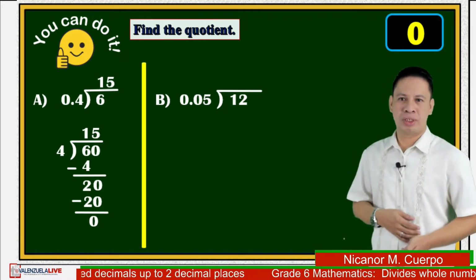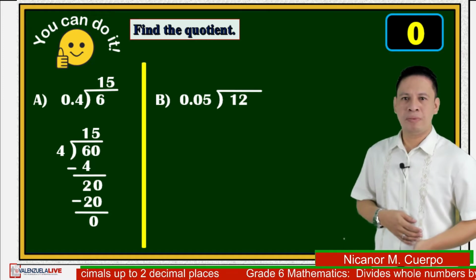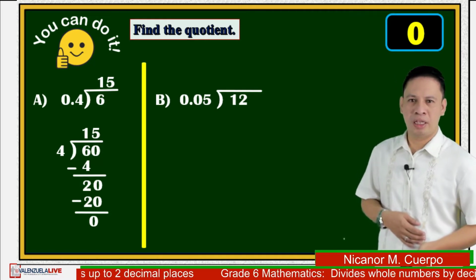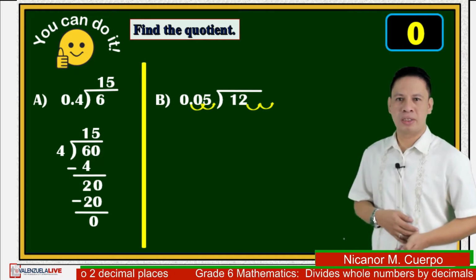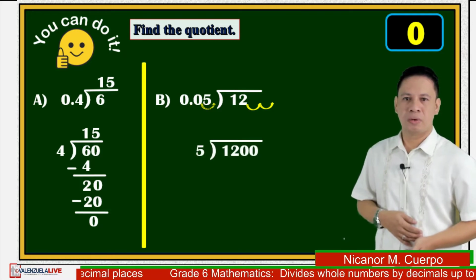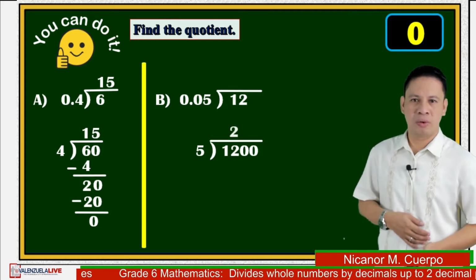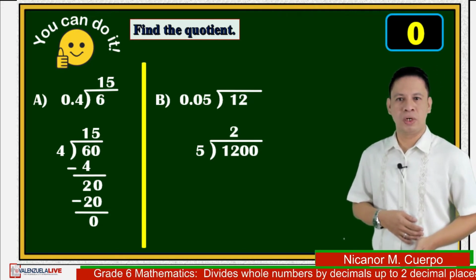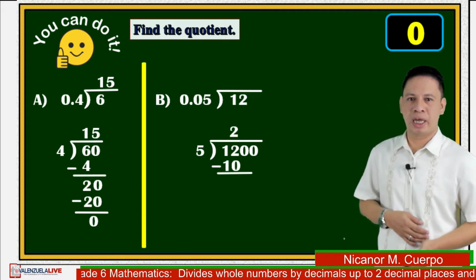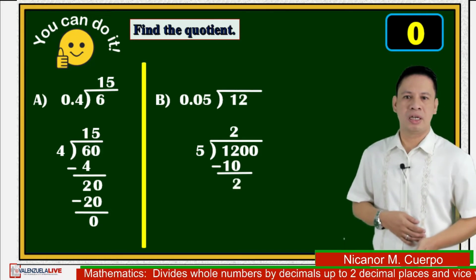Next, let's proceed to letter B. Move the decimal point of the divisor and the dividend 2 places to the right. So we now have 1,200 divided by 5. Let's divide. 12 divided by 5 equals 2. 2 times 5 equals 10. Then 12 minus 10 equals 2.